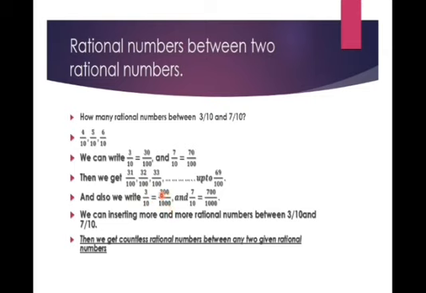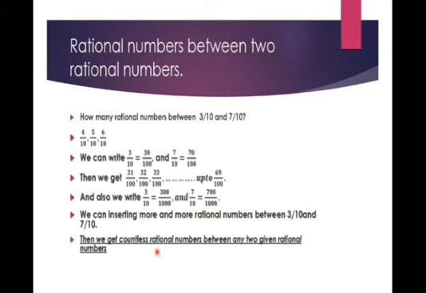Okay, 300/1000 is equal to 3/10, and 7/10 is equal to 700/1000. If we cancel the last two zeros, we get the same as 3/10; in the same way, we cancel the last two zeros and get 7/10. In that way, we can find more and more rational numbers between 3/10 and 7/10.